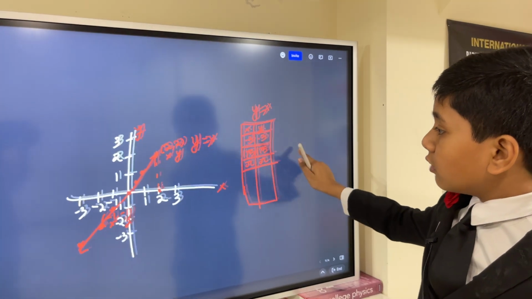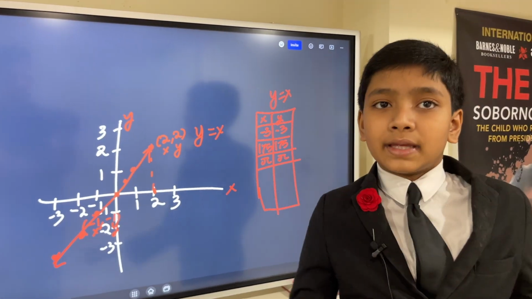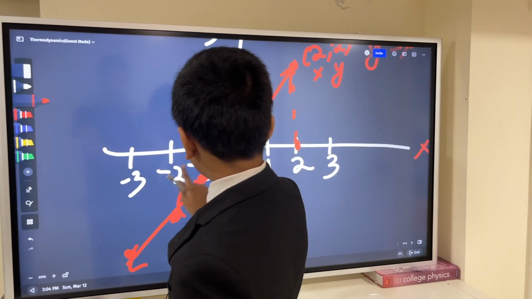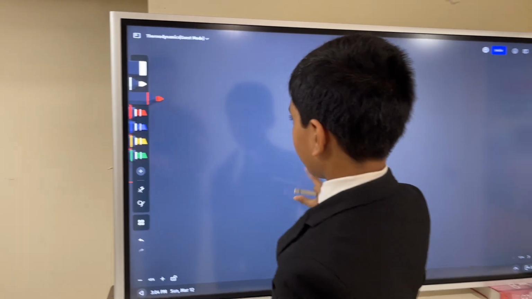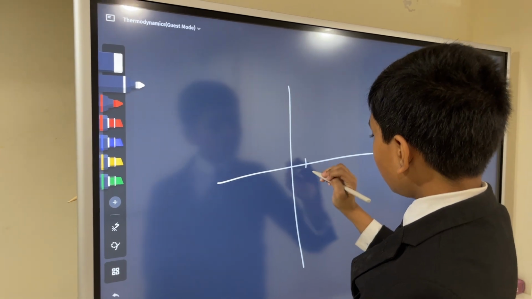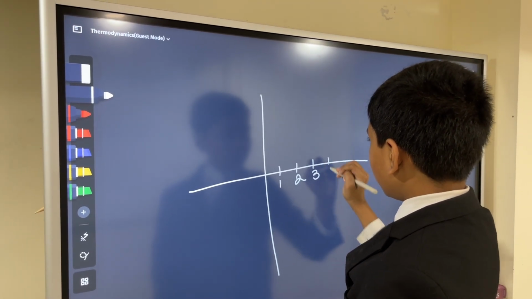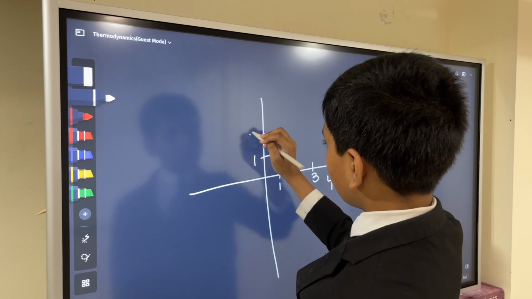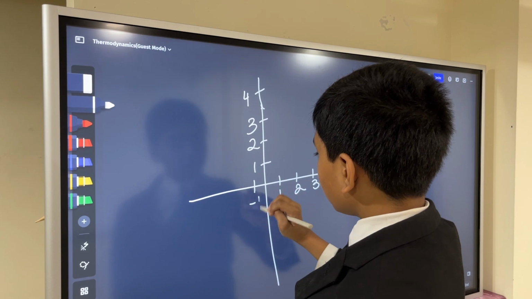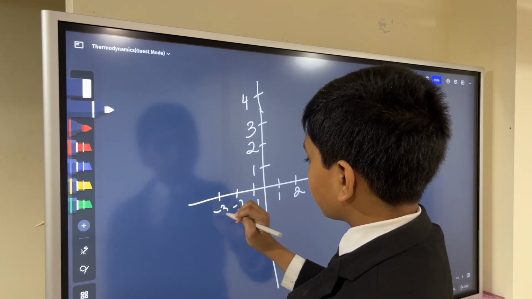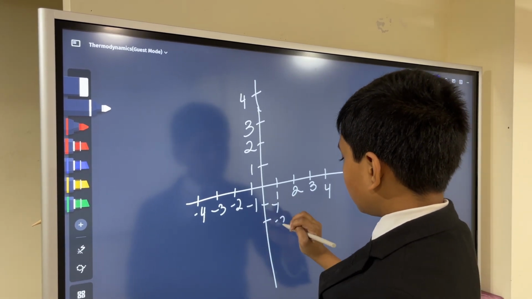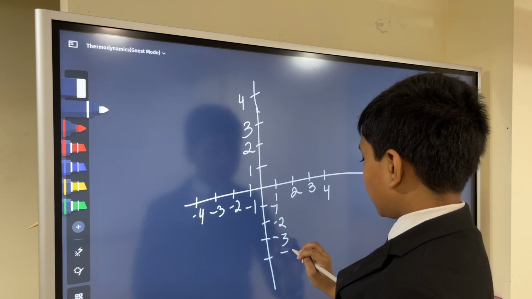Now, what about a different, more complicated function? Let me show you something different. Let's move to a different coordinate plane. This one is a little too small. 1, 2, 3, 4. 1, 2, 3, 4. -1, -2, -3, -4. -1, -2, -3, -4.